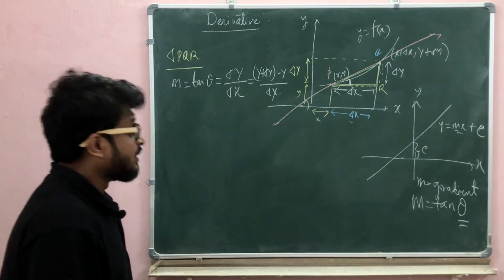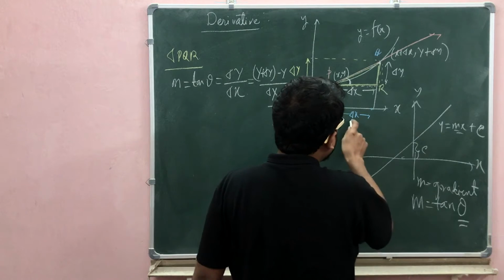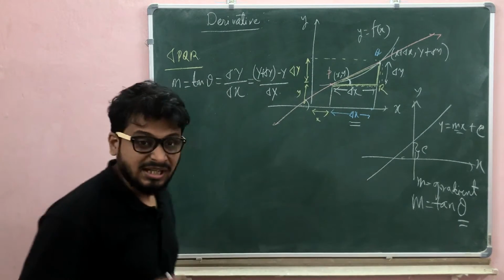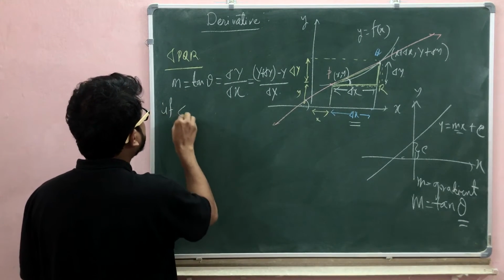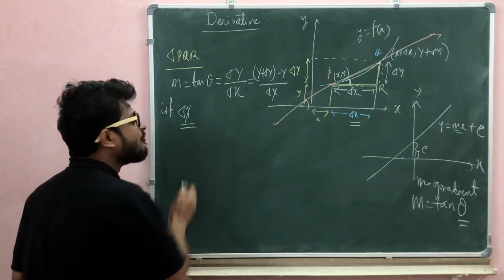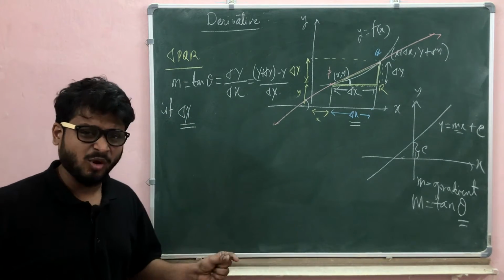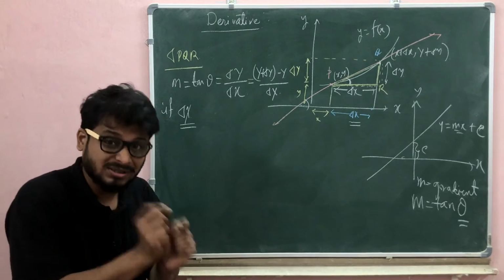Now let's assume delta x is very small. How small? Very small, almost 0, but not 0.